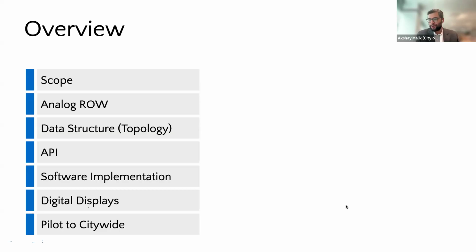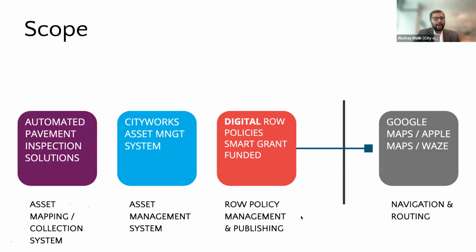I want to keep it accessible, so I'll just call it data structure here. The API development, I'll skip through that real quick because everybody here knows what an API is, but how it's catering to the specific use case is something I'll talk about. Then software implementation, digital displays, and how we're going from city pilot to citywide, or at least how we plan to. Next slide, please.